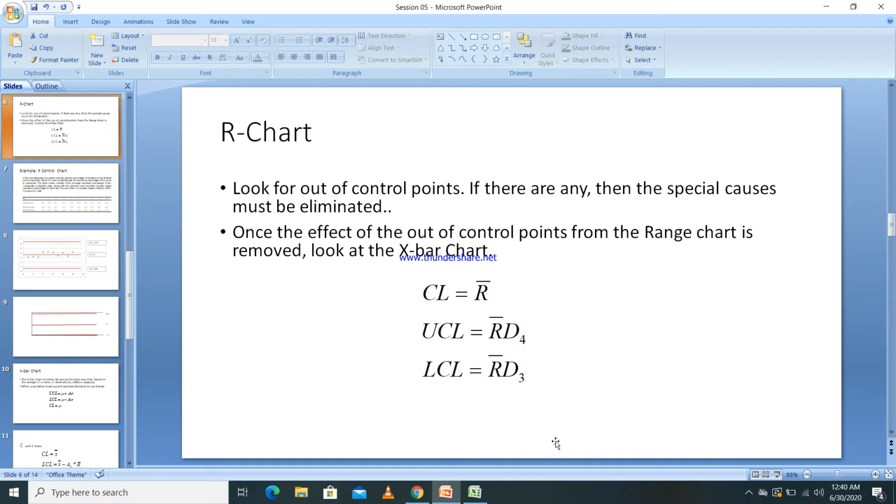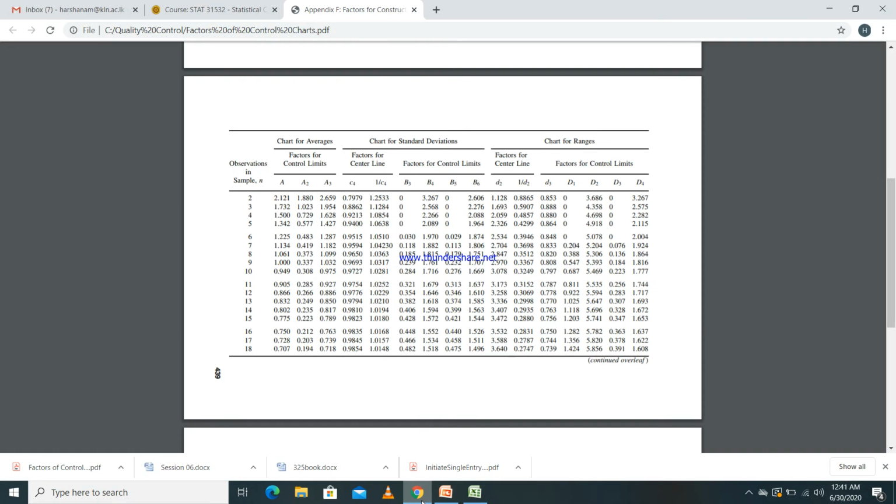Now the question is, what is this D4 and what is this D3? So when you are constructing these control charts, there is a special table known as the factors for variable control charts. You can read all these factors from this table. Now I'm going to show you that table.